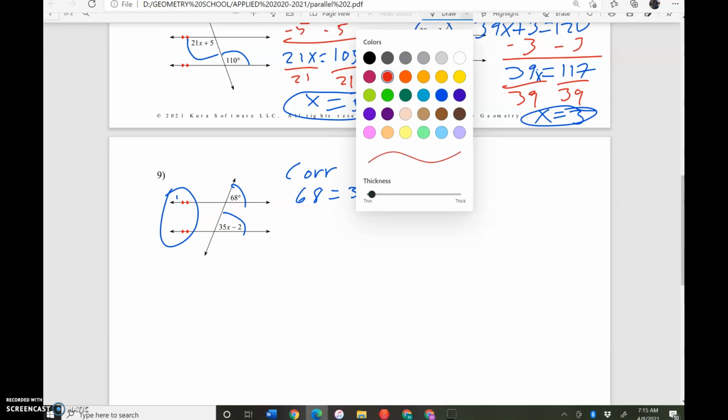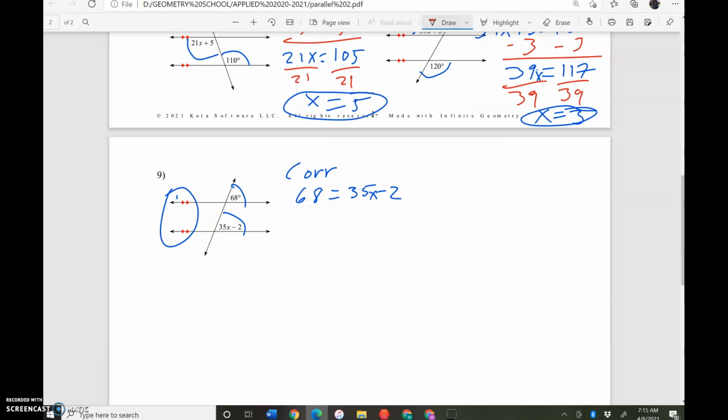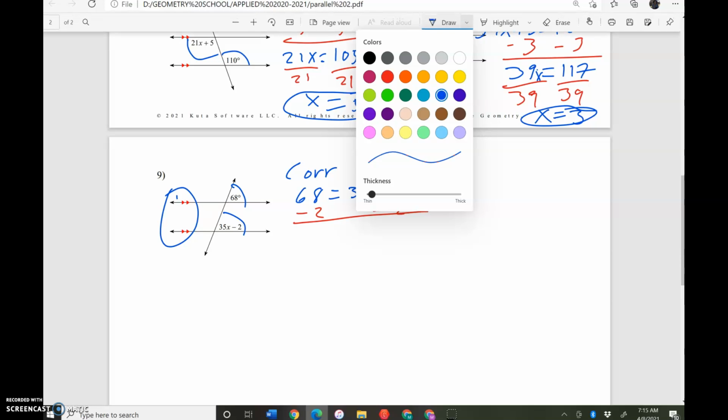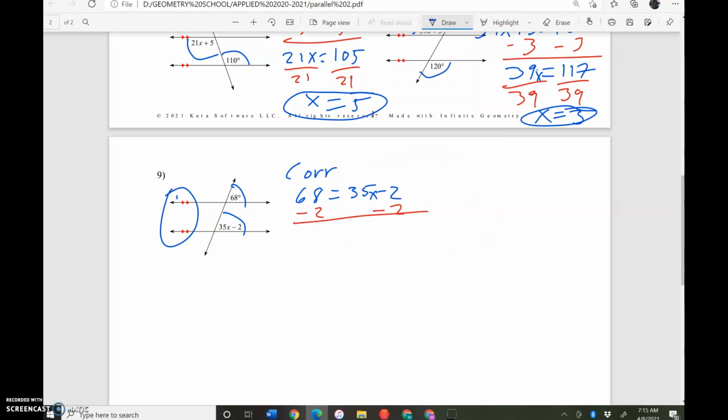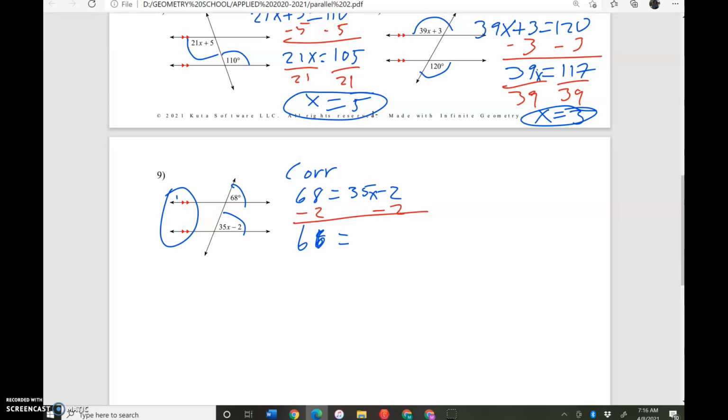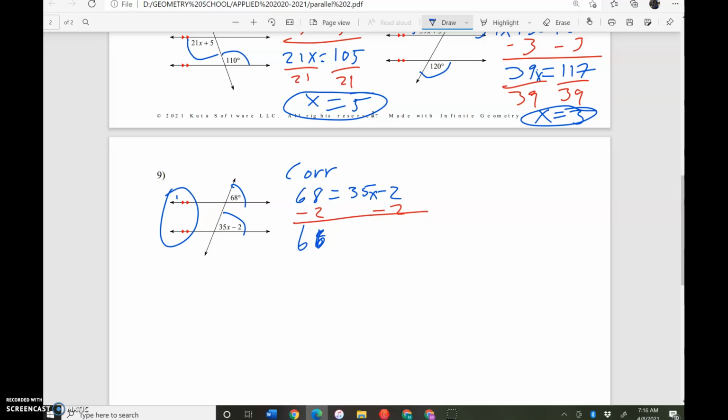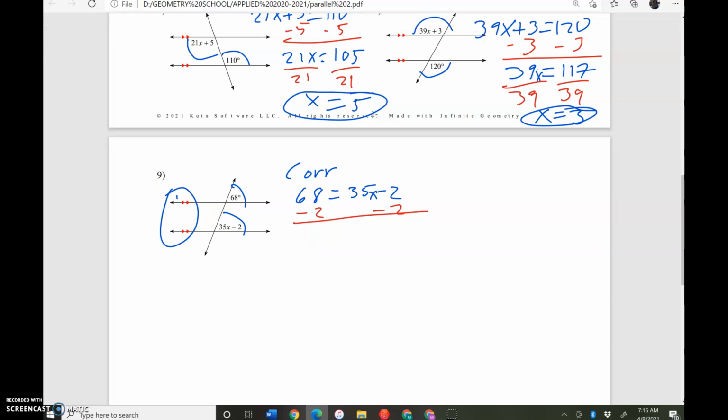So once again, I can solve for x. I'm going to subtract the 2 from both sides. That leaves me with 66. I caught my mistake, ladies and gentlemen. We're not subtracting 2.